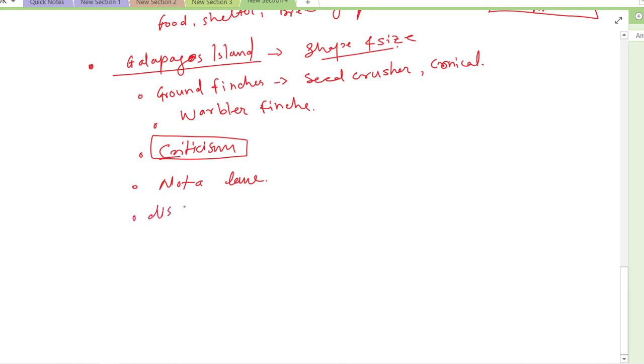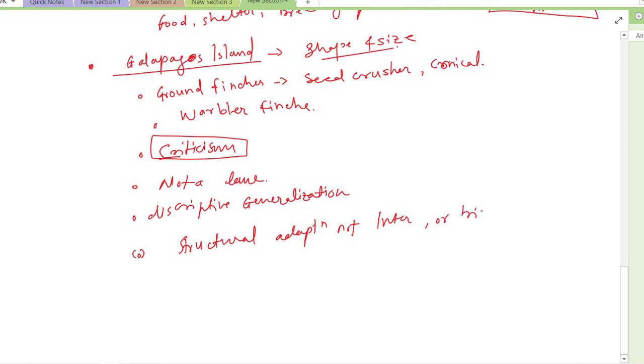Also, Gause's law speaks of parallel evolution in terms of structural adaptation, but not in terms of internal changes, that is, biotic and organic changes or organic adaptation.